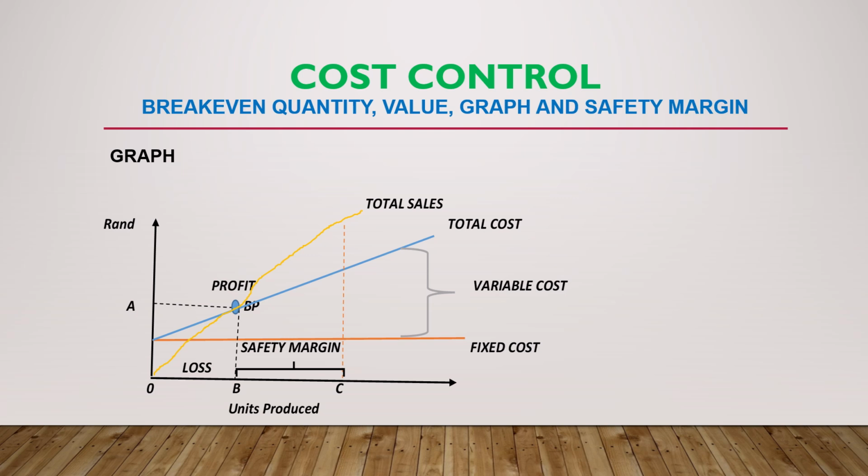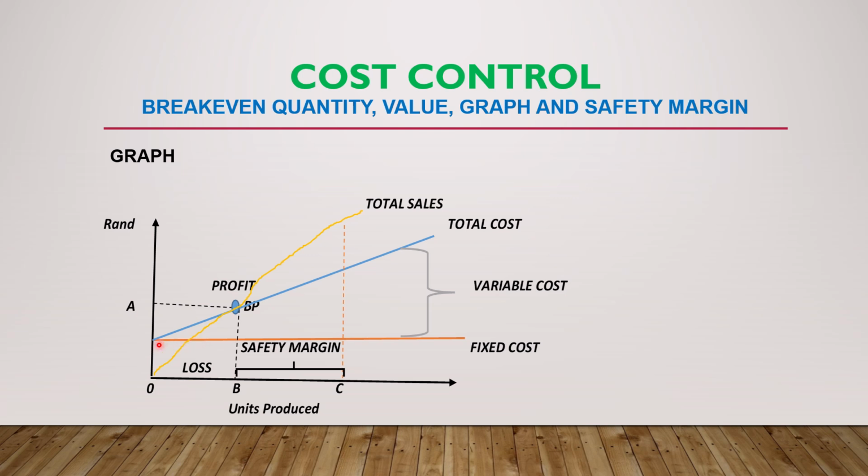Okay, and then when you are done with all these curves or lines, you must determine where your break-even point is. Your break-even point will always be where your sales equal your cost. That means you are not making any profit, you are not incurring any loss.